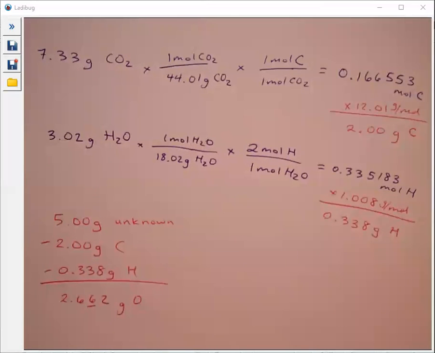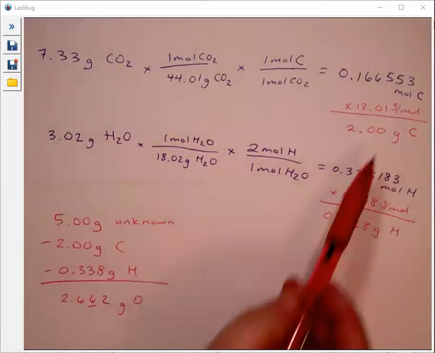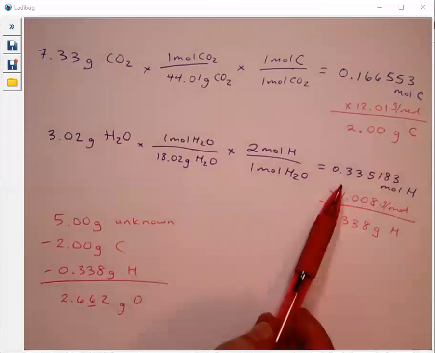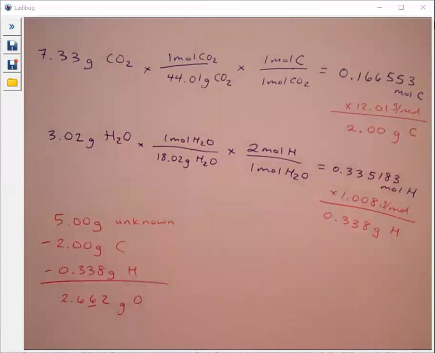Now I'm going to divide this by the molar mass, because if I get moles of carbon, moles of hydrogen, and moles of oxygen, I'll be able to calculate the mole ratio by dividing by the smallest, like we do in empirical formula calculations for percent compositions, because we're trying to determine the ratio.